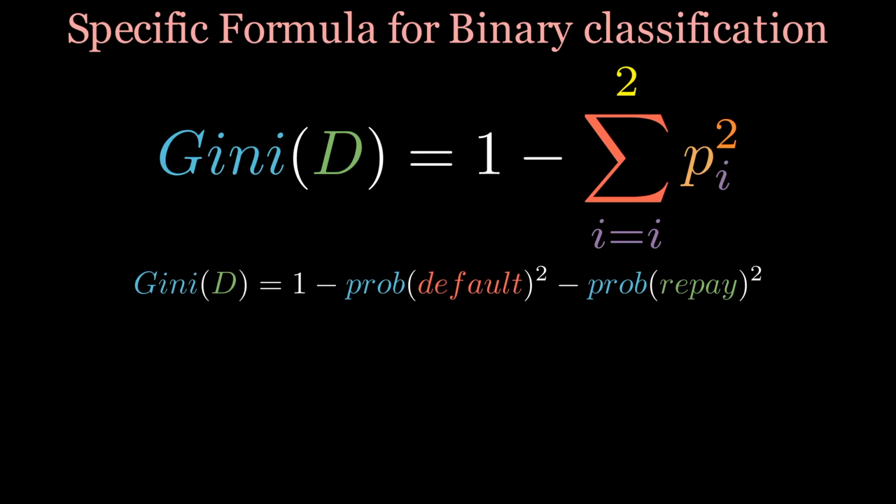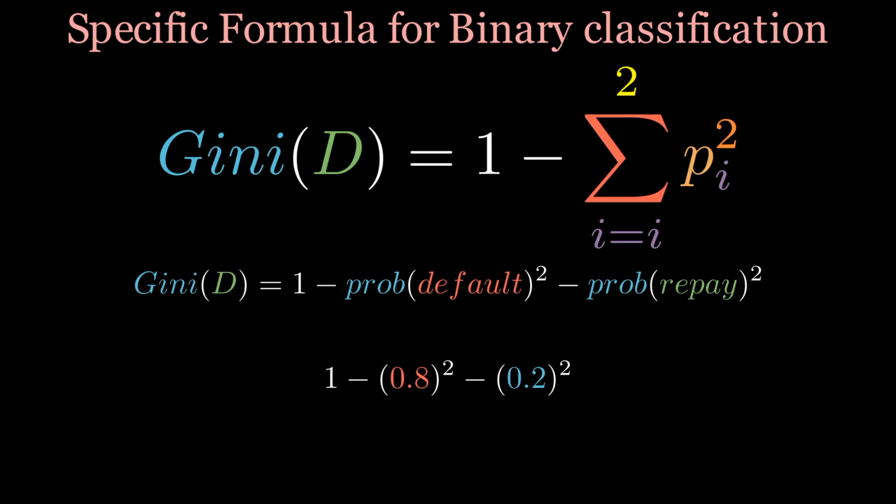So as a quick example, think about the Gini impurity of our root node. Here we have 80% repayers and 20% defaulters. So the probability of picking a repayer at random from this node would be 80%. And likewise, a random drawing from this group would be a defaulter 20% of the time.